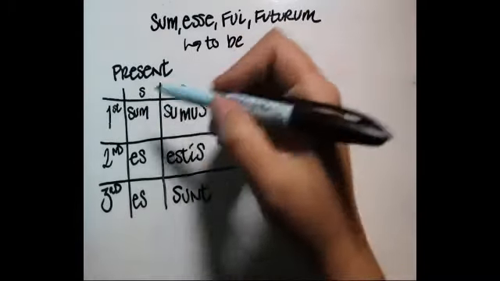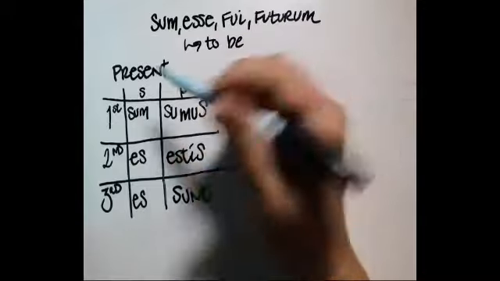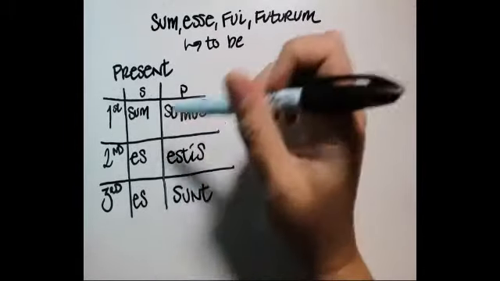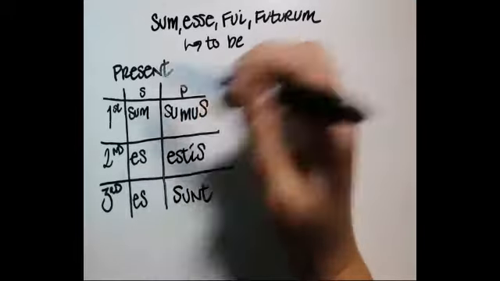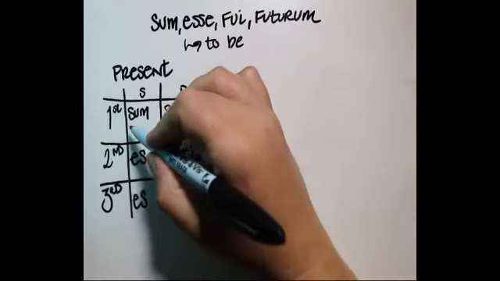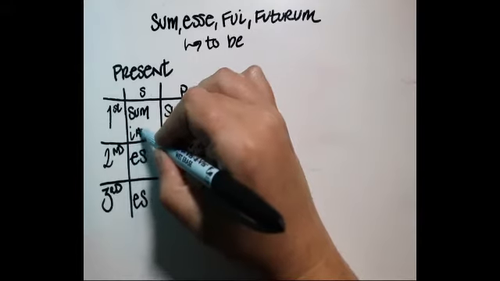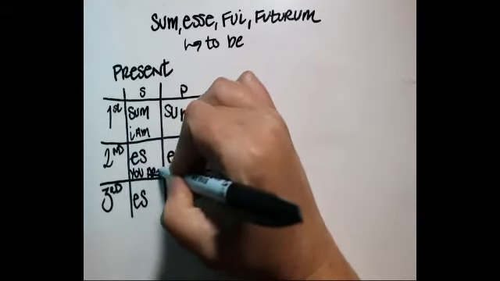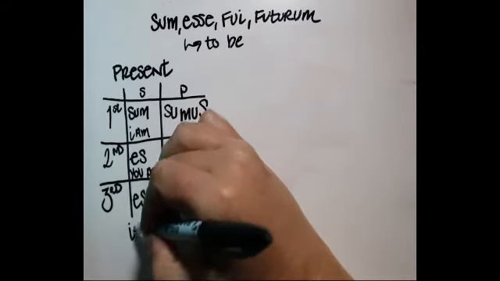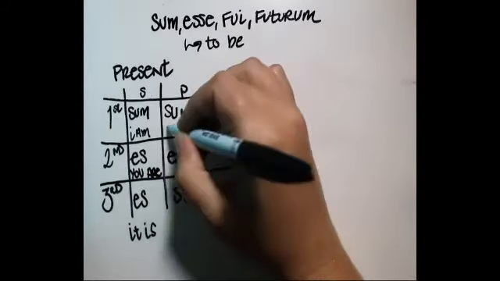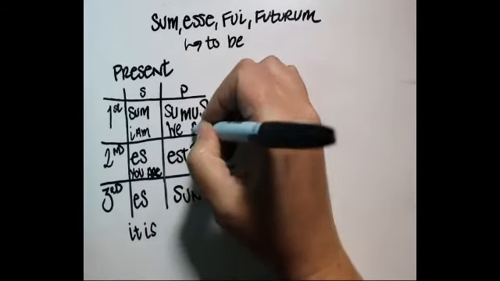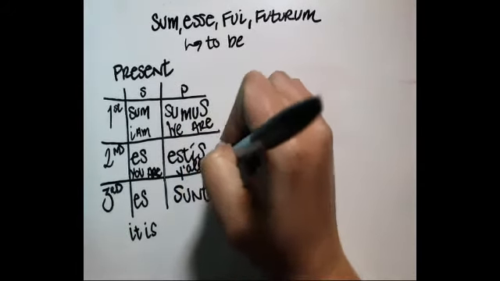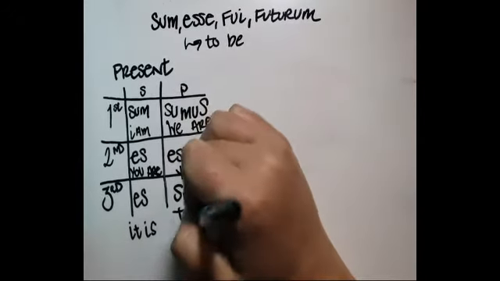So this is our present tense conjugations of sum esse. So I am, you are, it is, we are, y'all are, they are.